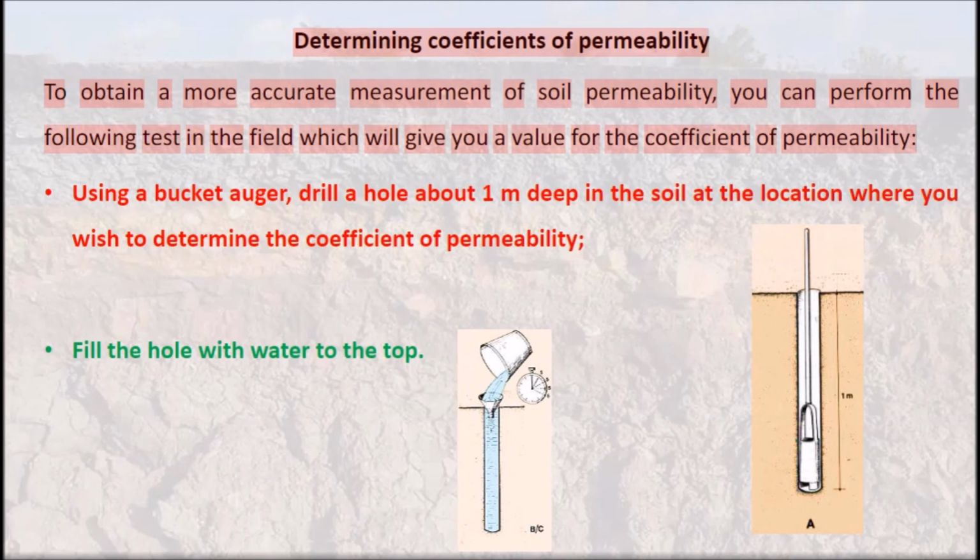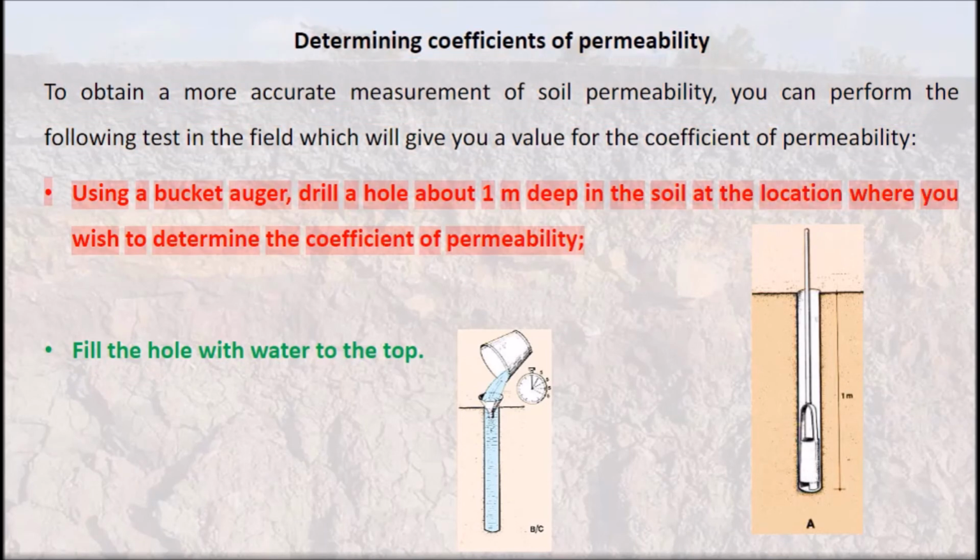Determining the coefficient of permeability. To obtain a more accurate measurement of soil permeability, you can perform the following test in the field, which will give you a value for the coefficient of permeability. Using a bucket auger, drill a hole about 1 m deep in the soil at the location where you wish to determine the coefficient of permeability.